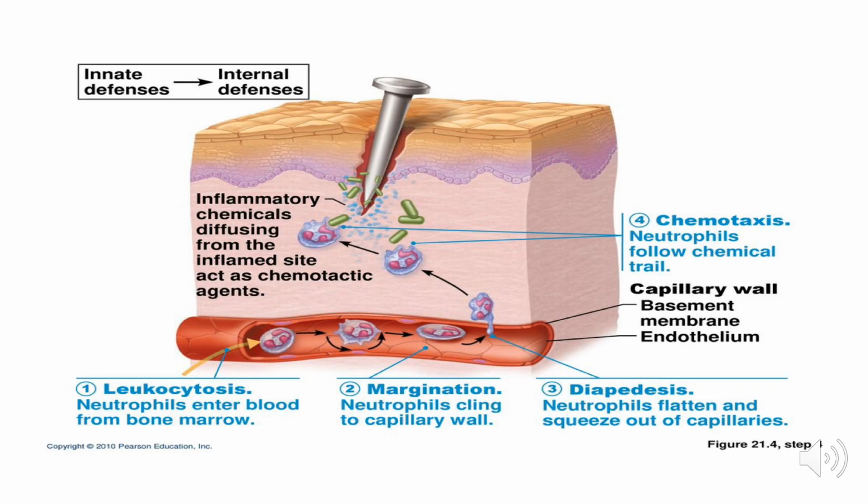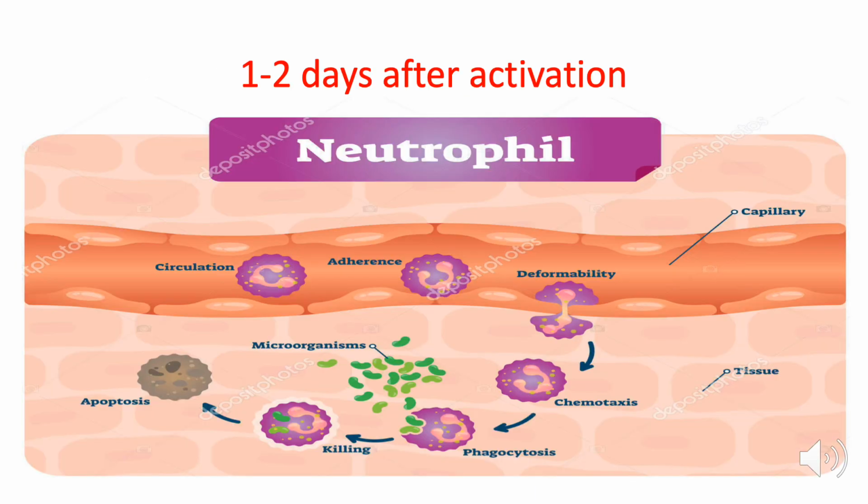This schematic diagram shows us that the first cell that will emerge out from the blood vessel in the process called chemotaxis and reach the site of infection is our neutrophil, or segmenter, or polymorphonuclear leukocyte. 1 to 2 days after the neutrophils were recruited from the blood into the site of infection or injury, these neutrophils will program themselves to undergo apoptosis.